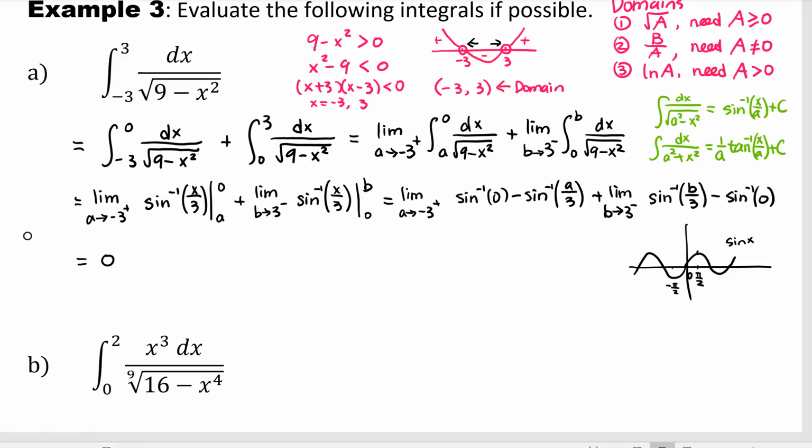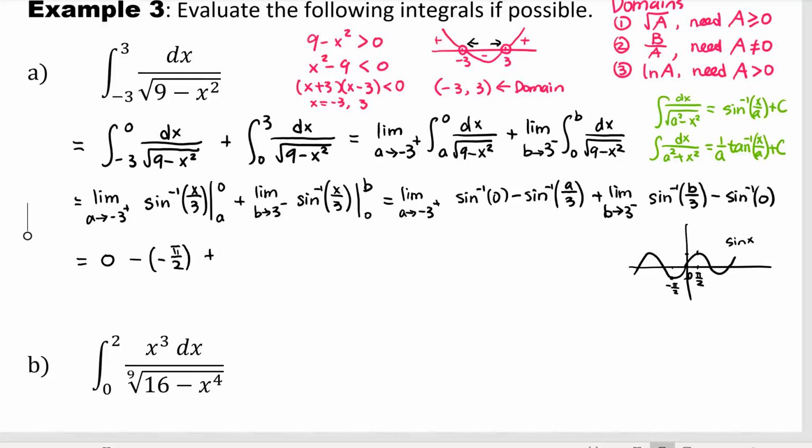And here when we plug in a is negative 3, we get minus arc sine of minus 1. That corresponds to, if the y value is minus 1, what is the x value? Well, that is negative pi over 2, right? Plus, when we plug in b is 3, then we have arc sine of 1.